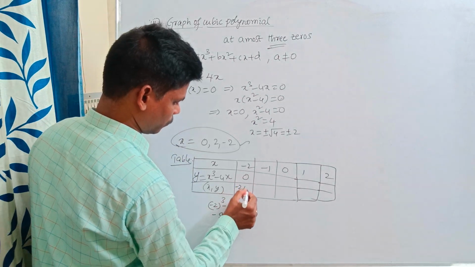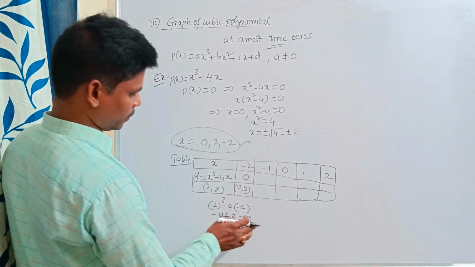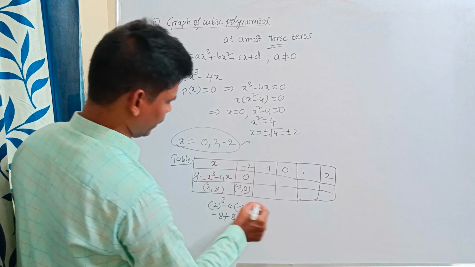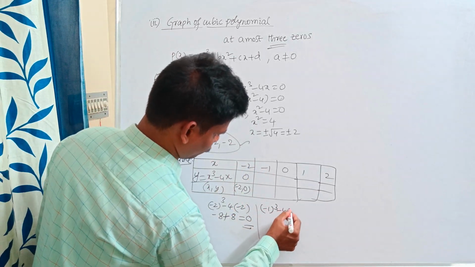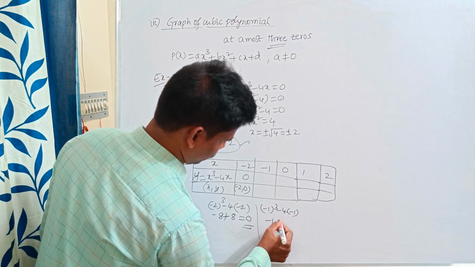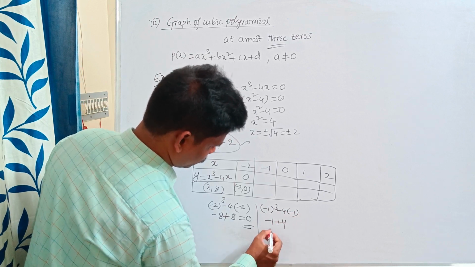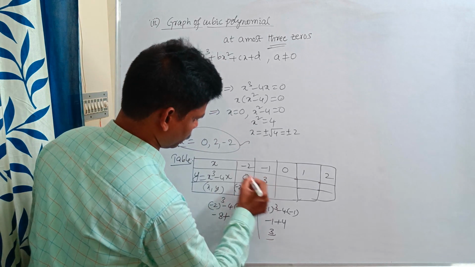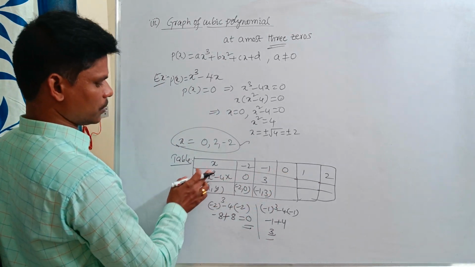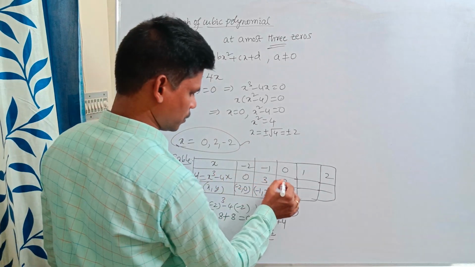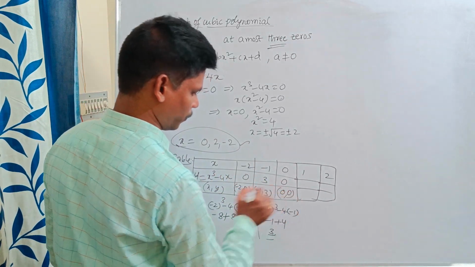So this is minus 2 comma 0. Next point, minus 1. Put minus 1: minus 1 whole cube minus 4 into minus 1, so minus 1 plus 4, that is equal to 3. So this is minus 1 comma 3. Put 0, this is 0, so this is the point 0 comma 0.